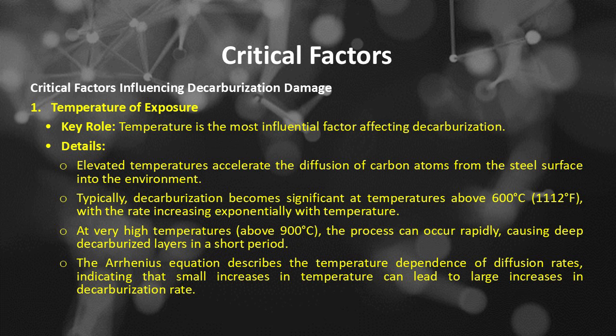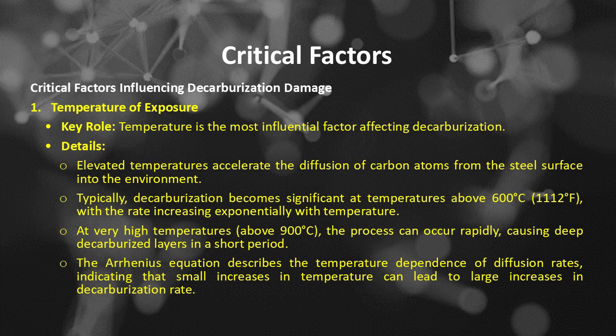Number 1 of the critical factors influencing decarburization damage is temperature of exposure. Key role: temperature is the most influential factor affecting decarburization. Details: elevated temperatures accelerate the diffusion of carbon atoms from the steel surface into the environment. Typically, decarburization becomes significant at temperatures above 600 degrees Celsius or 1112 degrees Fahrenheit, with the rate increasing exponentially with temperature.